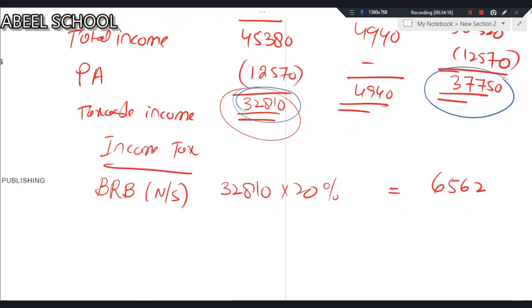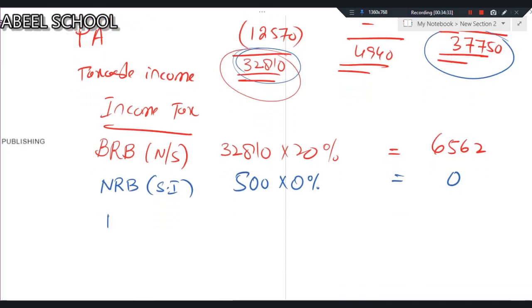So let's go for nil rate band. Nil rate band saving income: £500 into 0% is obviously 0. Now let's see how much space is left in basic rate band. Basic rate band saving income.